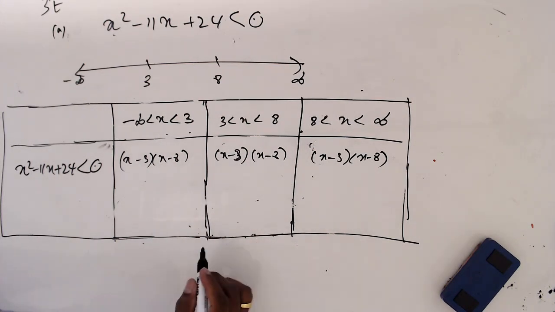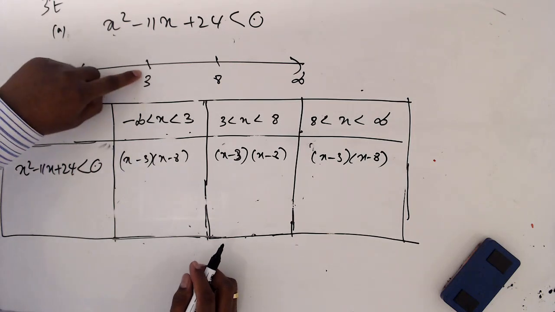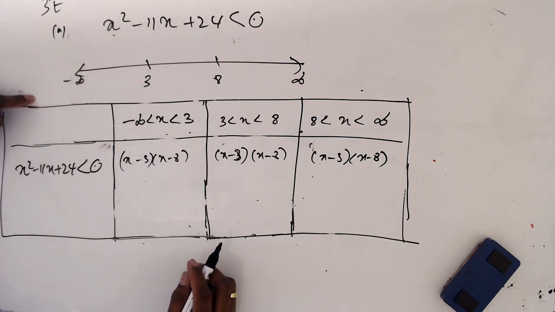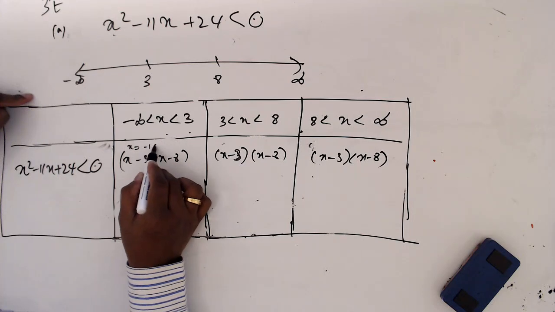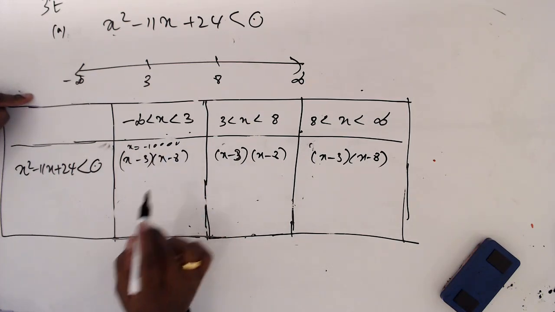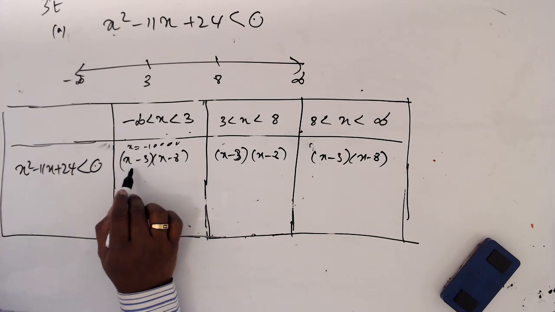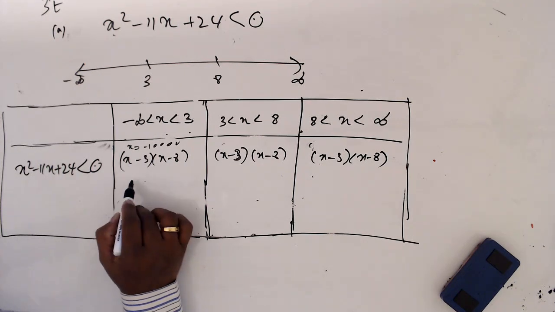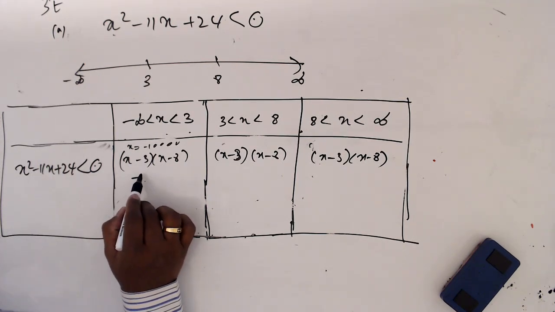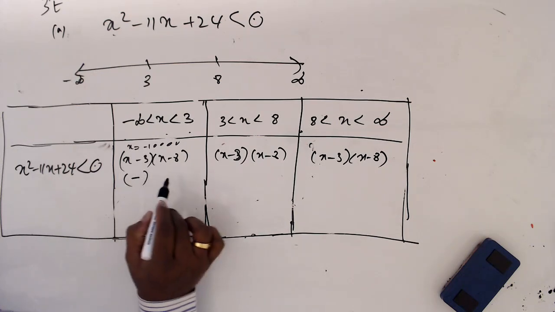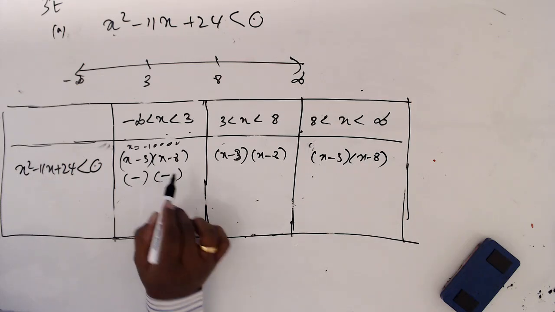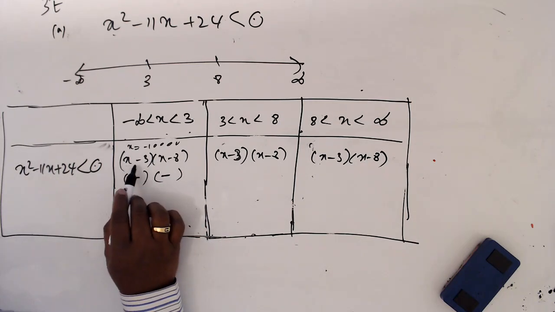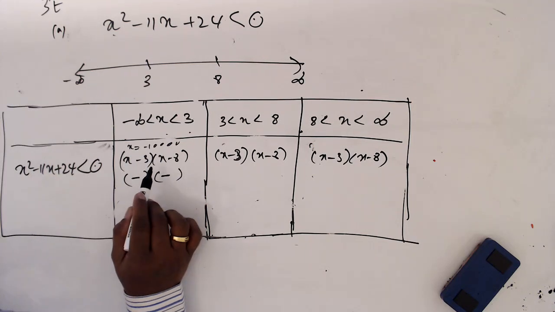Again, we are going to check the signs. Take any value less than 3. I'll take minus 10,000. Then this value is going to be negative. And this bracket answer is also going to be negative, because minus 10,000 minus 3 is still a minus value.